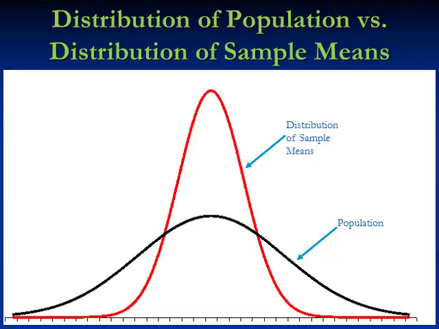And this red line curve, which is also a nice normal curve, represents our distribution of sample means if we had, in fact, taken an imaginary infinite number of samples from that population and figured out the means of those infinite number of samples.